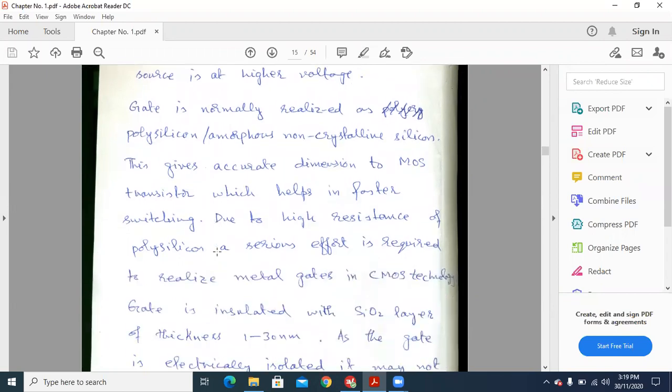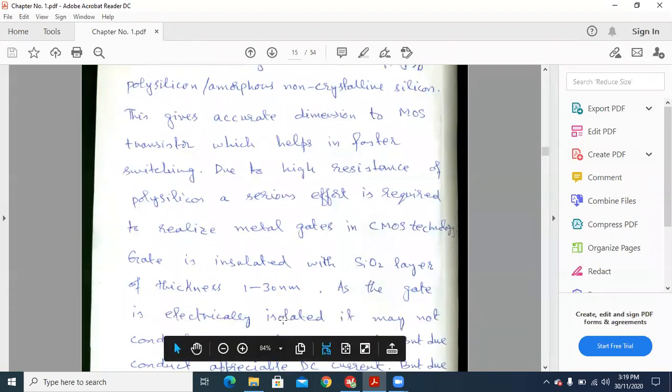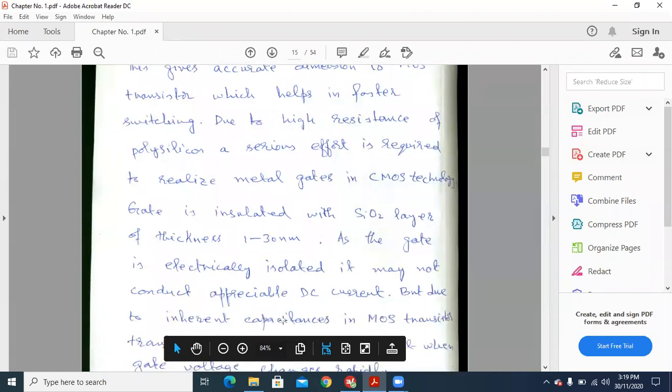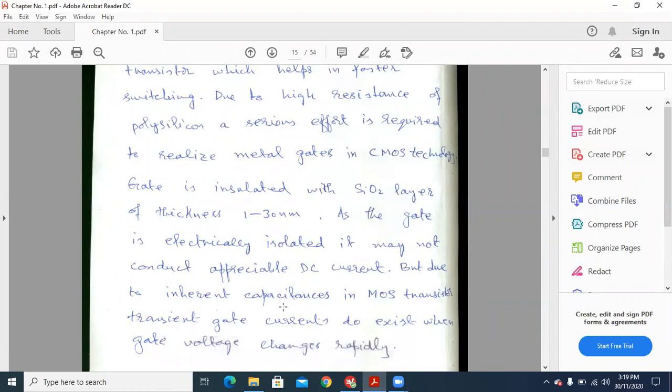So the thickness of the gate is 1 to 30 nanometer. So actually, in later technology, we replace the gate with the metal contact, and we want the thickness of the gate to be further reduced.